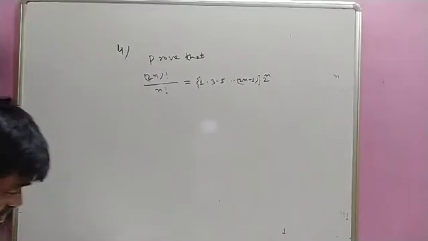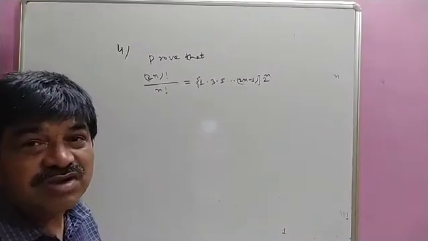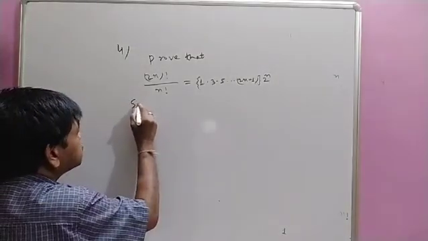Prove that (2n)!/n! equals 1·3·5 up to (2n minus 1) and 2 to the power n. So let us write the proof for this.